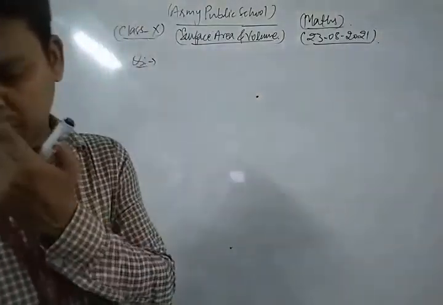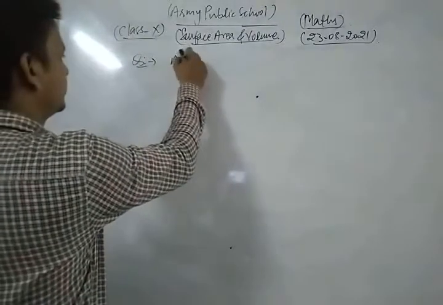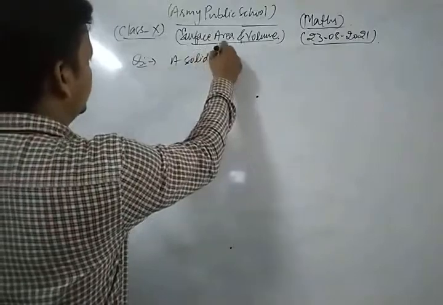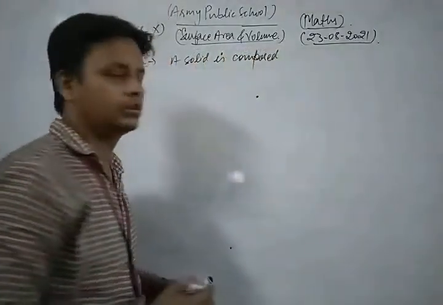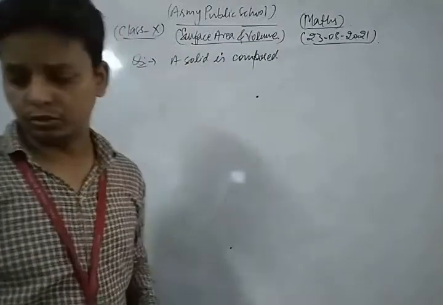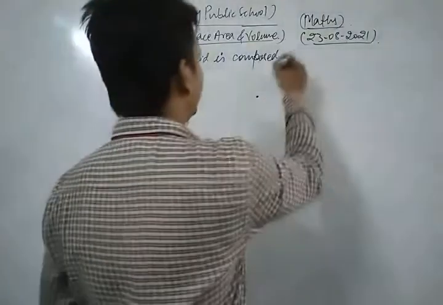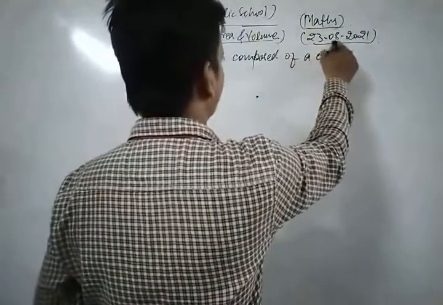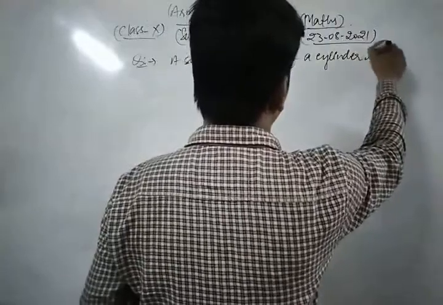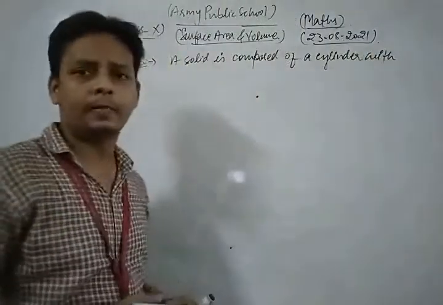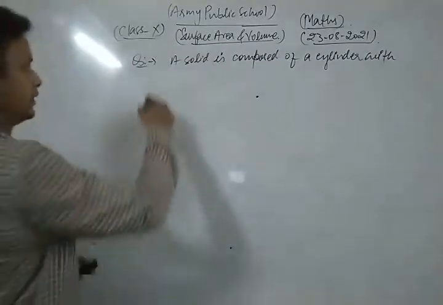The question is: a solid is composed of a cylinder with hemispherical ends.